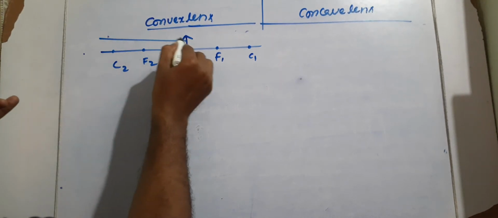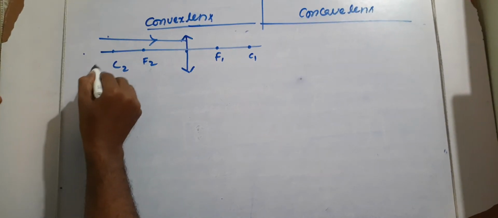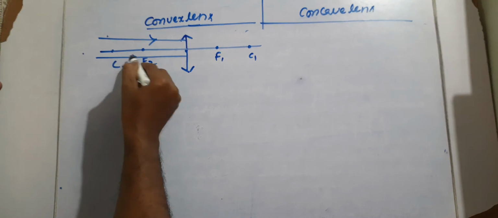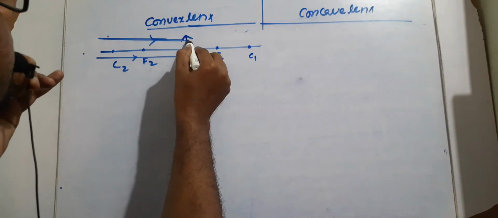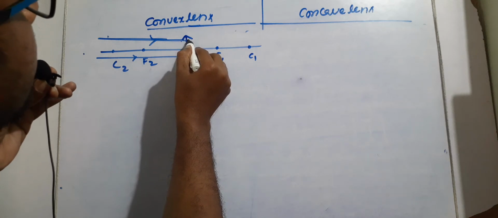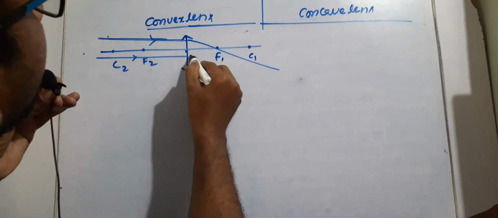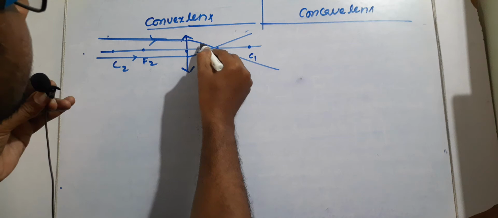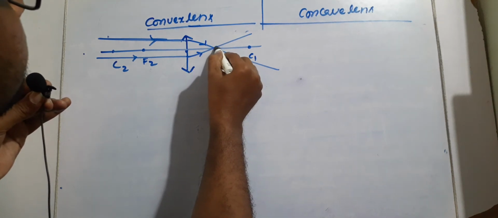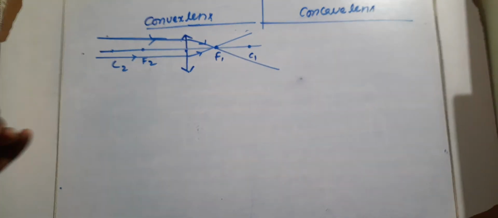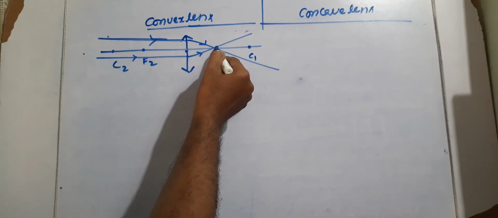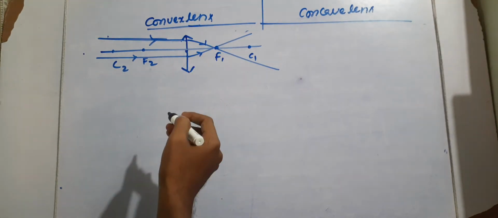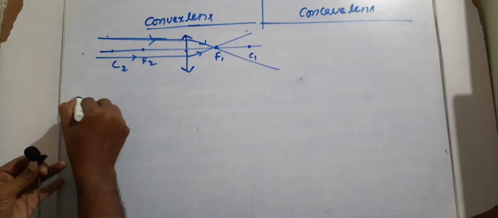Now these are the incident rays, which are parallel, coming from infinite distance. After the refraction they bend, travel and intersect at the focal point. So the rays after the refraction are converging. That is why it is called converging lens. So you can write this.